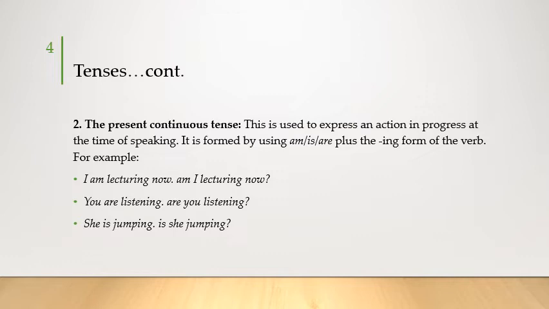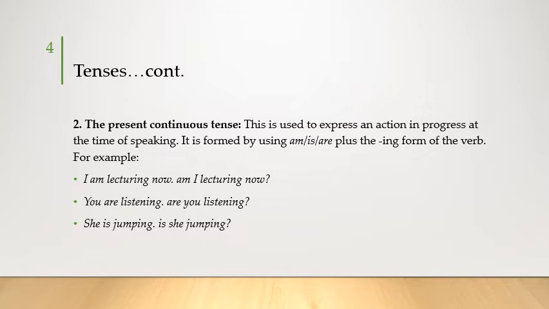I am lecturing now. Am I lecturing now? You are listening. Are you listening? She is jumping. Is she jumping? In these sentences, one is declarative and the other is interrogative. You find out that it has the auxiliary am in the first sentence with the verb following.